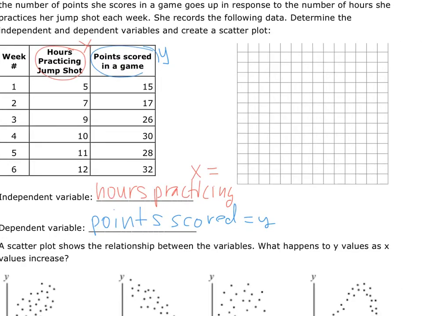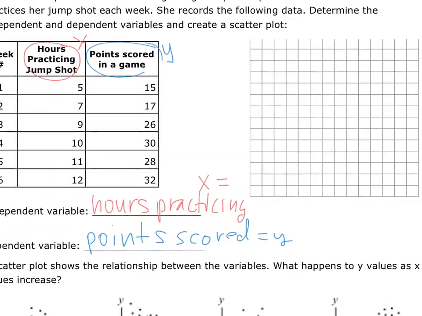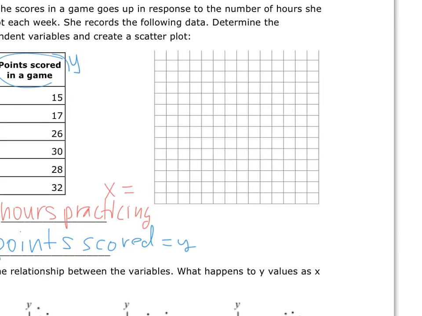All right, so now we're going to plot these on the XY axis. So there is our x-axis, the horizontal, and y-axis, the vertical.